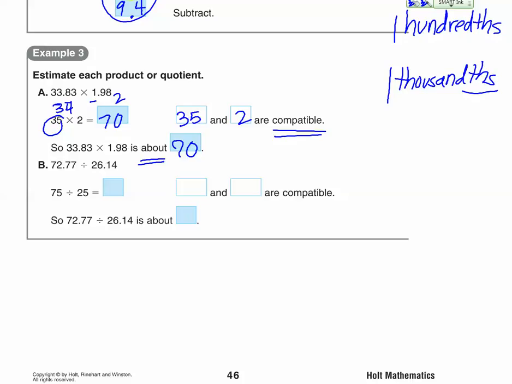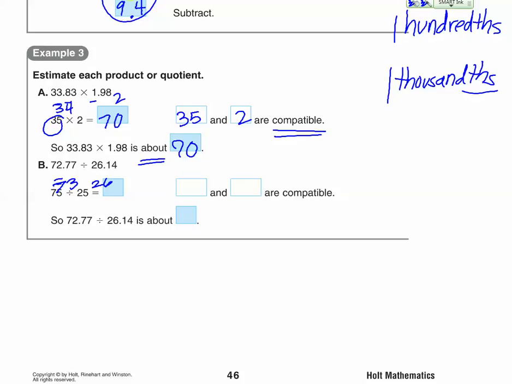I'm going to first round these to the nearest whole number to see if those are easy to divide by. So the 72 here, the 7 tells me to round this up to 73, and I apologize for the writing. And 26 and 14 hundredths says to keep this down to 26. Now, Panthers, is 73 a good number to be divided by 26?